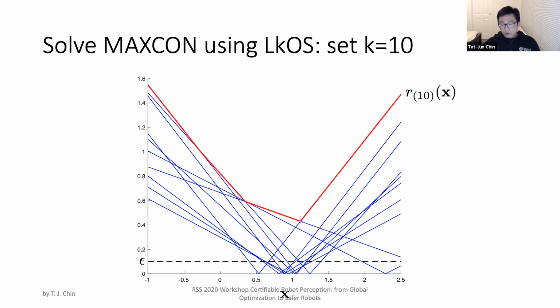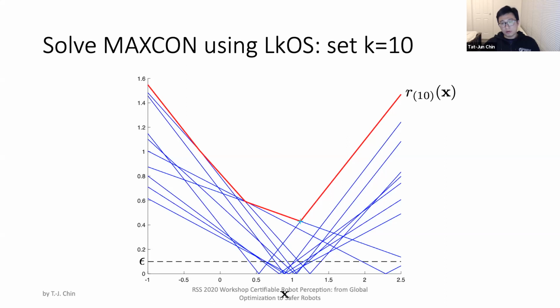Now, if we can always do that, then we can use the black box that solves LKOS to solve our target problem, the consensus maximization problem. How do we solve it? We iterate through k starting from k equals n, 10 in this case, and keep reducing. Every time we find a solution of LKOS for that particular k, if that solution is below epsilon, then we stop. Again, k equals 10, find that cyan point.